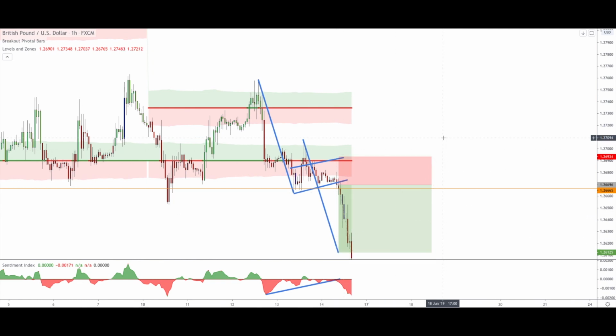So I'd say this is a pretty safe setup, and this was also supported by the fact that we were sitting below two major resistances, which increased the degree of confidence that we could have in this kind of setup.